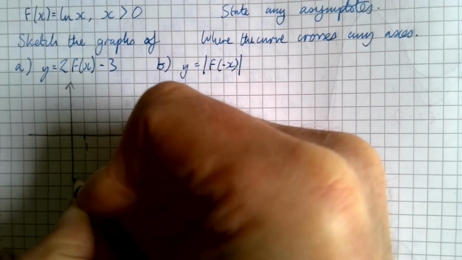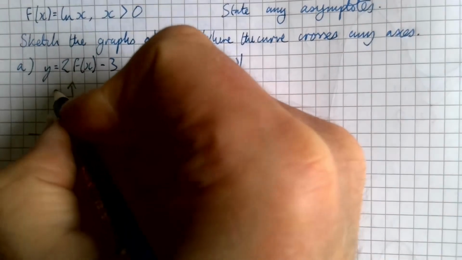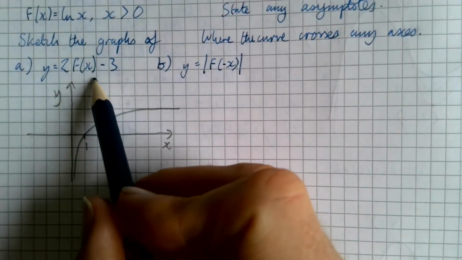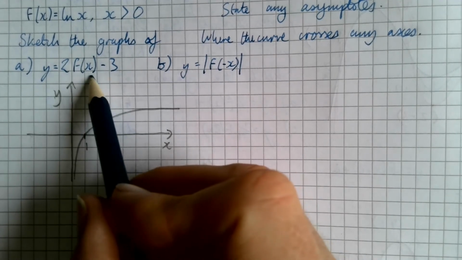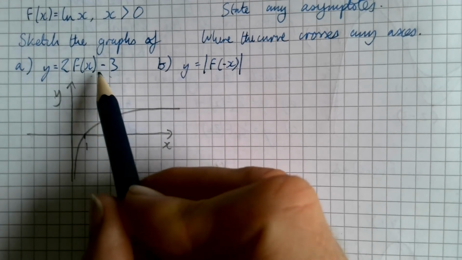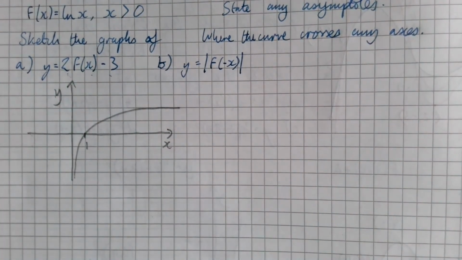There's point 1, and that's all we need to start off with. So for the first one, we've got our function that's being multiplied by 2, and then we're taking 3. So we need to do the multiplying by 2 bit first of all.